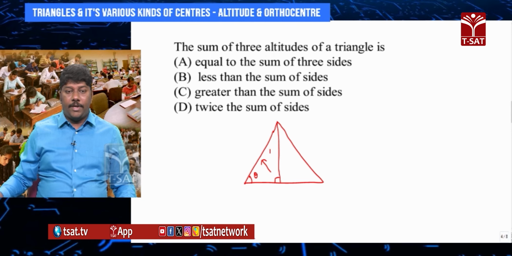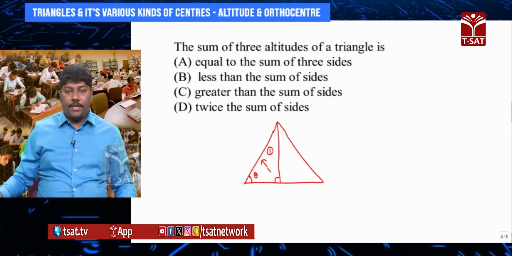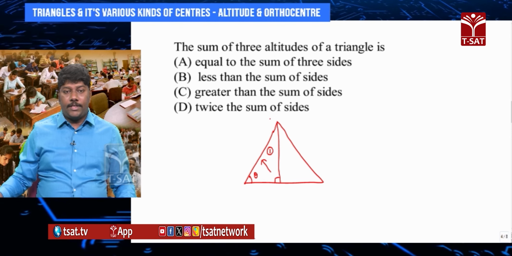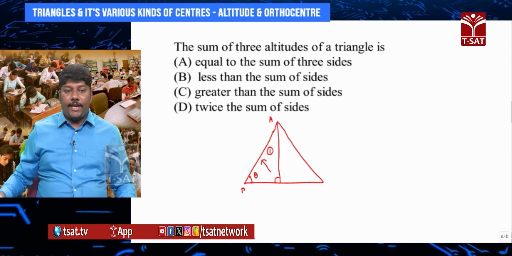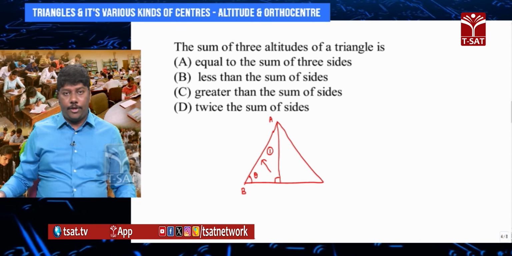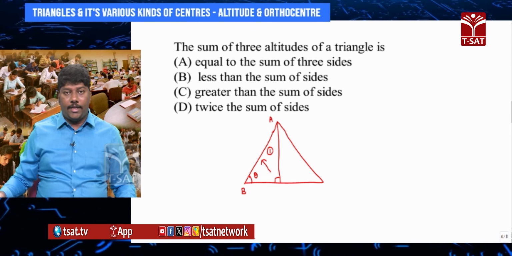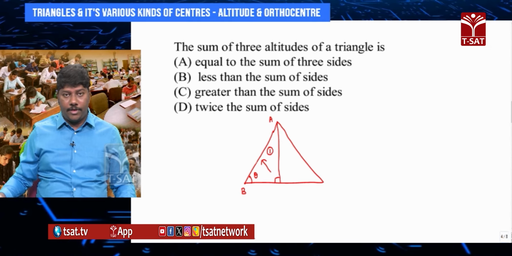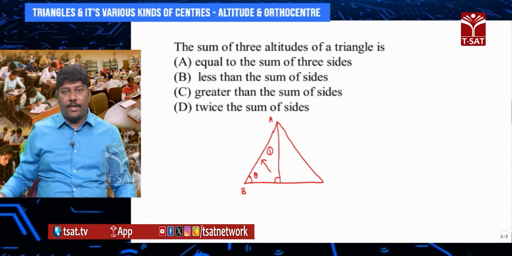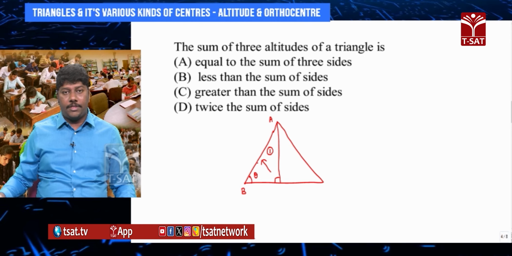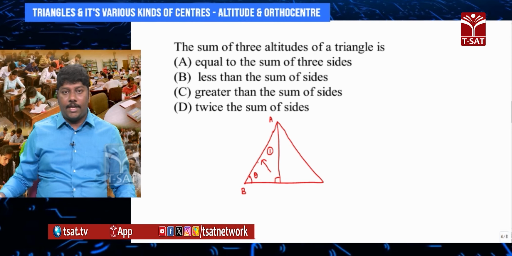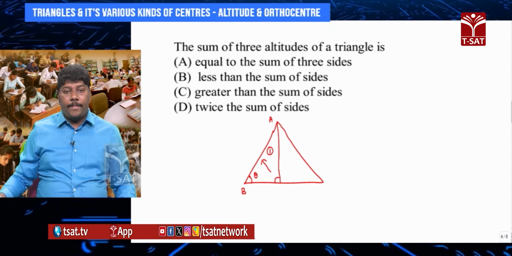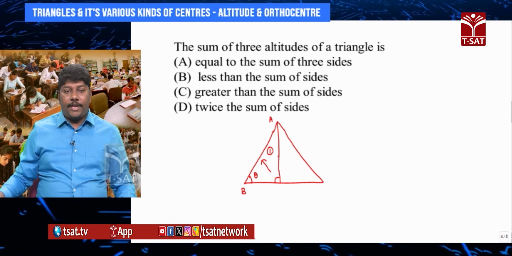If I consider this particular triangle 1, obviously side AB is opposite to the altitude, therefore I can say it is called hypotenuse. It is opposite to the right angle, so it is called hypotenuse. Hypotenuse is the larger side in any triangle. Therefore you say AB is greater than this particular altitude.